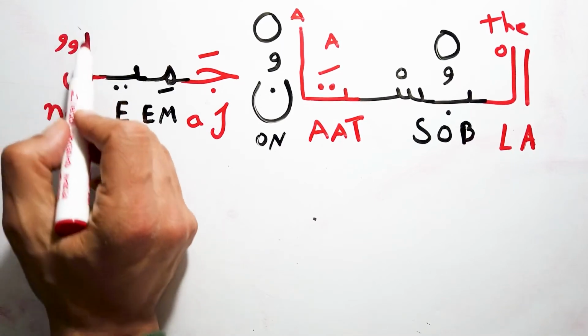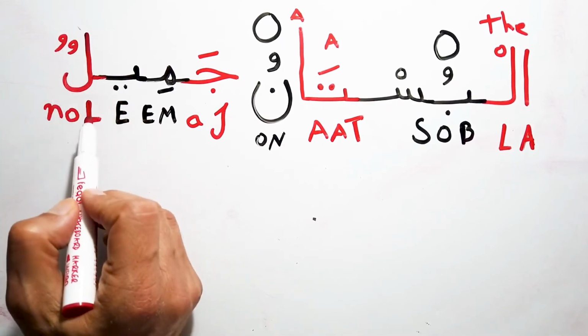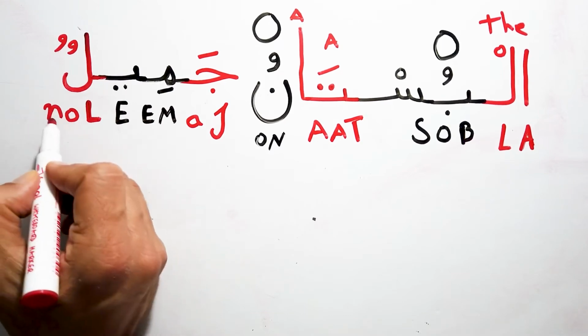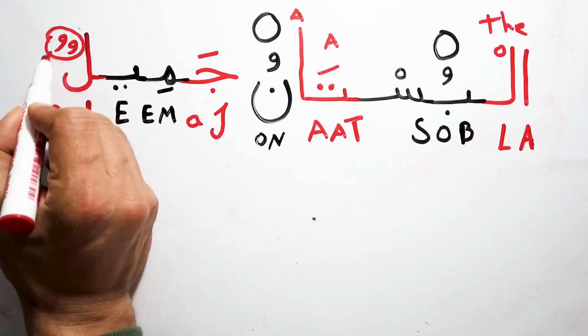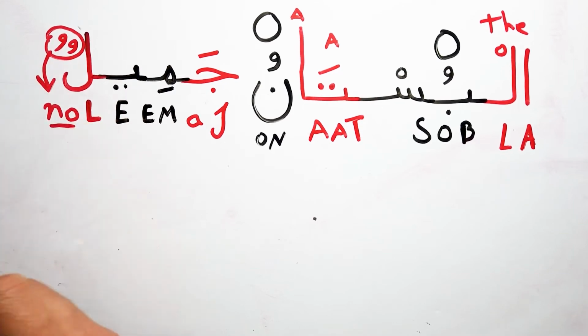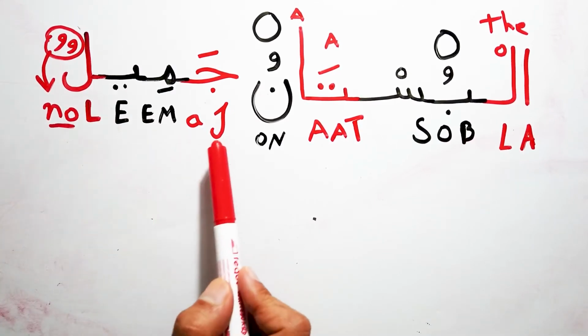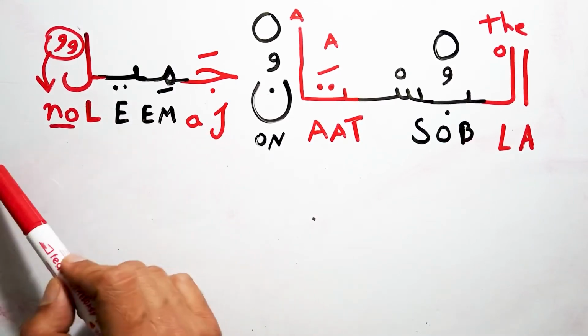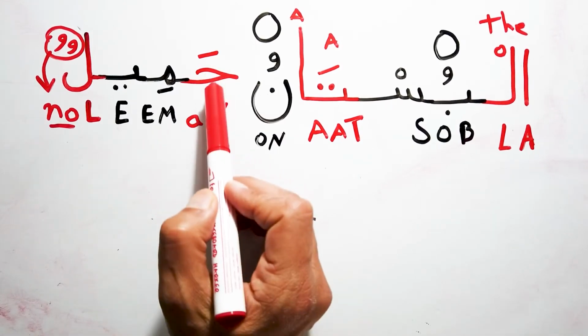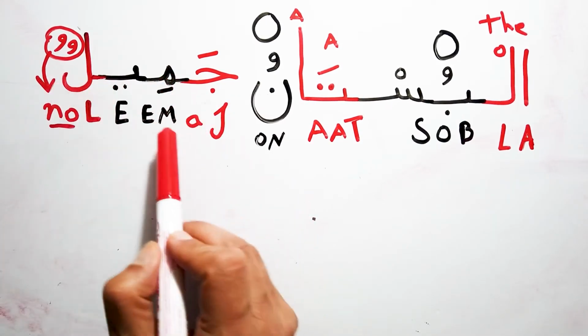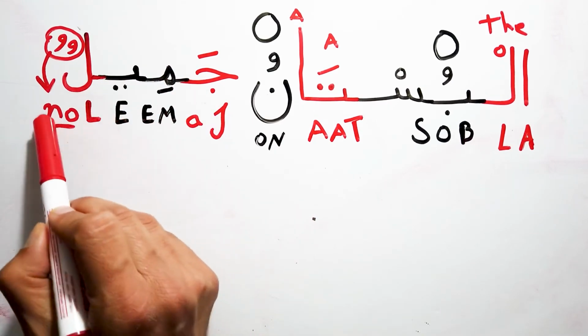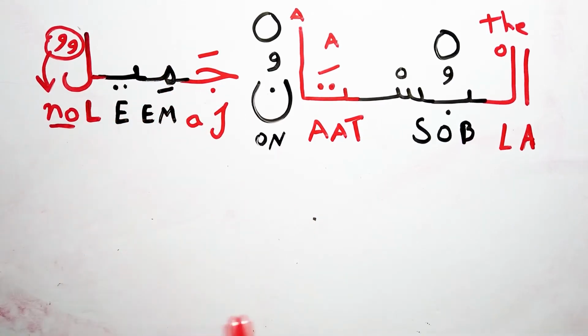So this letter sounds lun. So this on, which is this. Pay attention. I'm writing English from the right to the left. Let's read. So jamilun, jamilun.